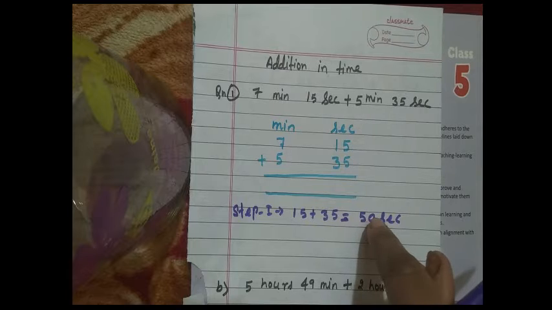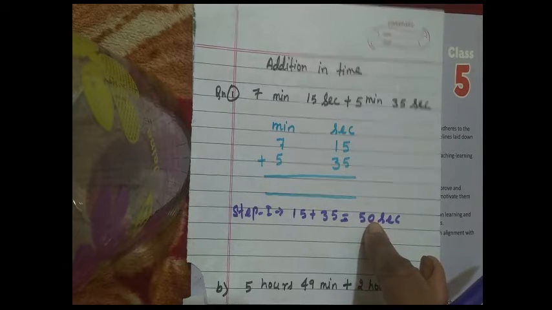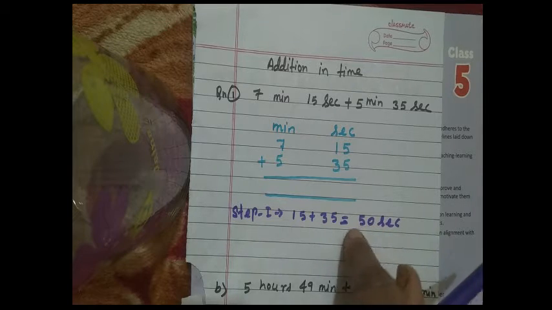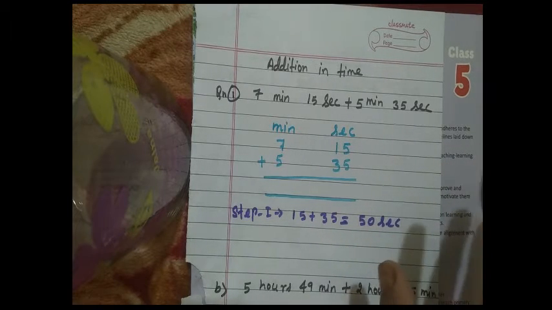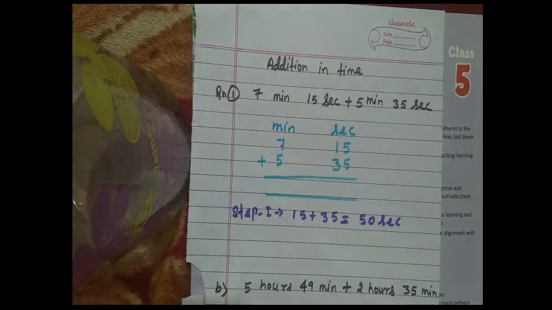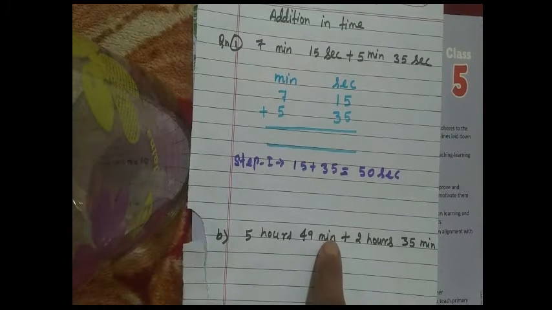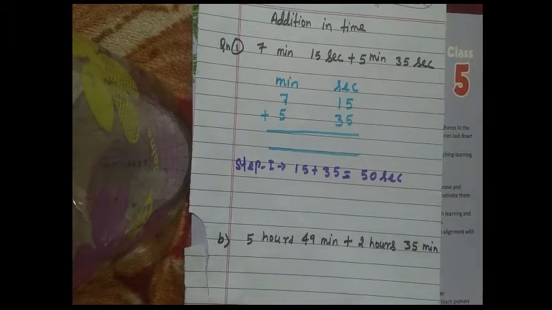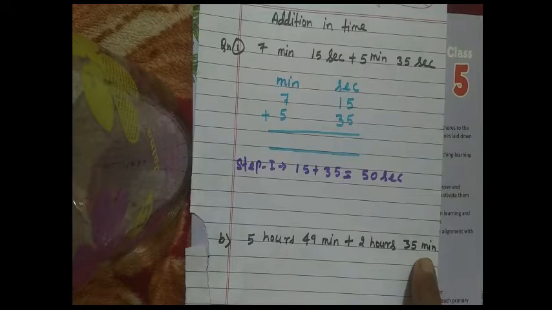If you get 60 or 61, 62, meaning 60 or more, then in that condition the process will be different. I will explain that because the next question is done the same way.